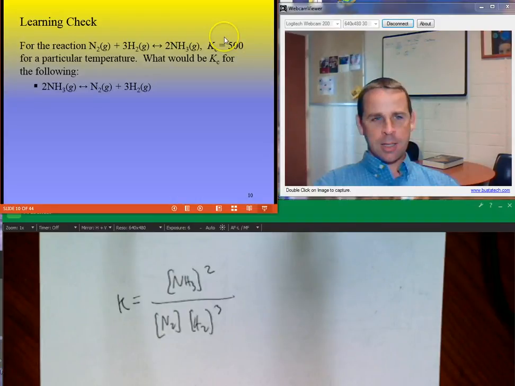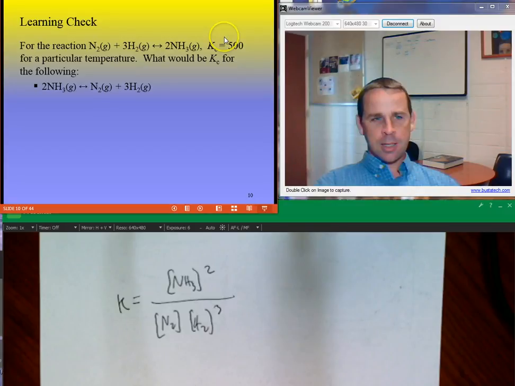And apparently the resulting value, when you look at the concentrations and divide them all out, raise them to their powers, equals 500. Therefore, if we have a reverse reaction here, then the resulting K for the reverse reaction is N2 times H2 to the third over the concentration of ammonia squared. And so now this value here is going to be the inverse of 500, or 1 over 500, or 0.002.